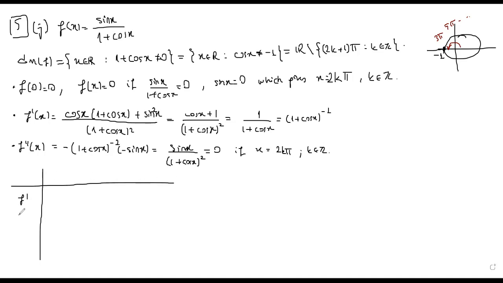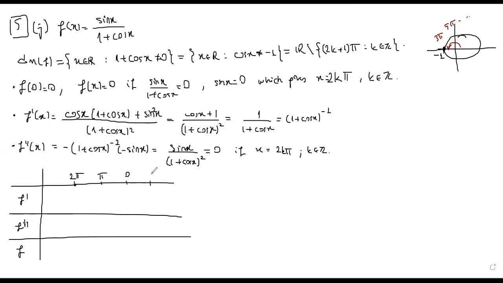So we have f prime and f double prime. And f. Okay, so let's note the points 0, pi, 2 pi. It goes on, right?